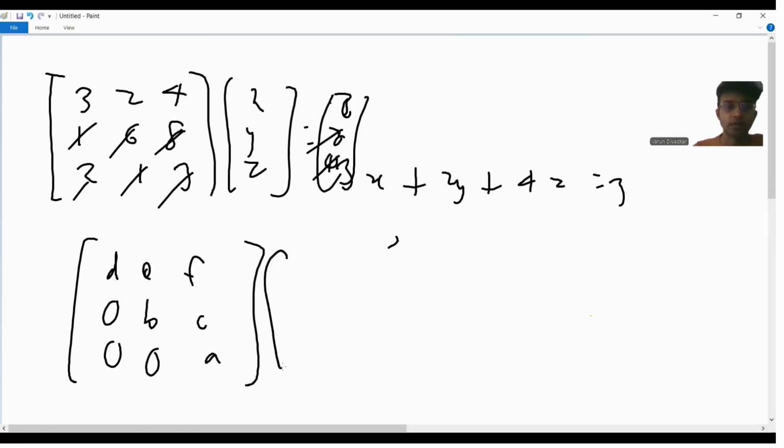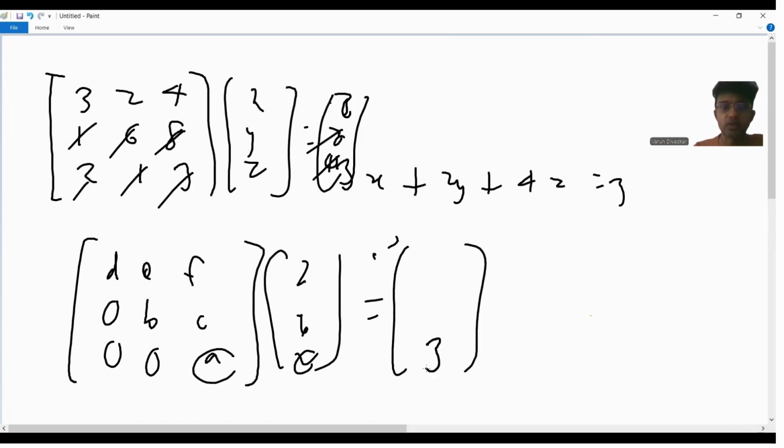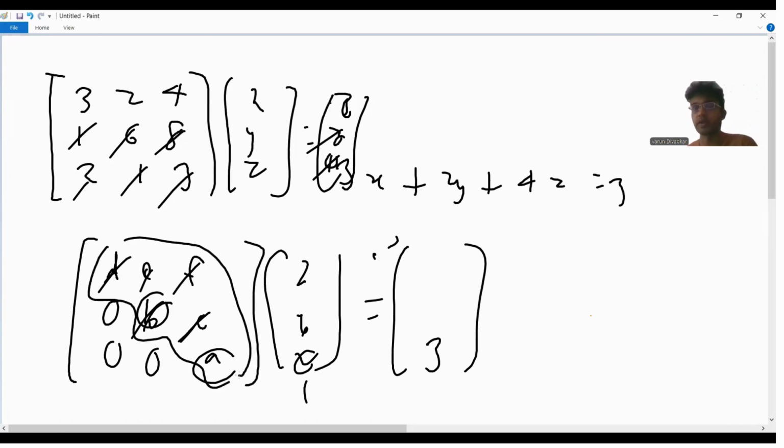Straight away you get AZ equals something, say 3, so you get the value of Z. Substitute it to get Y, and then from Y and Z you get the value of X as well. This kind of staircase pattern really helps you quickly find the values of your variables. That's exactly why you need something called the echelon form.